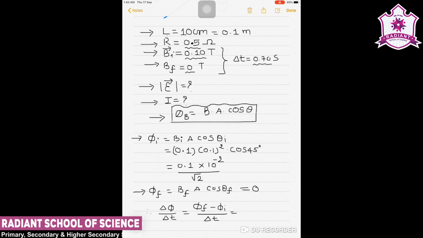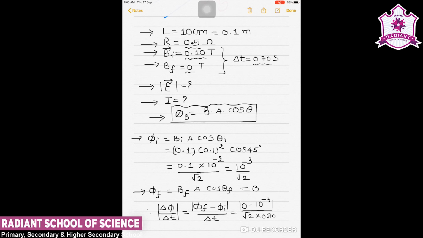If we put in all the values, phi f is already 0, so 0 minus phi initial, that will be 10 raised to minus 3 upon root 2, and the time period is given, that is 0.70 second.